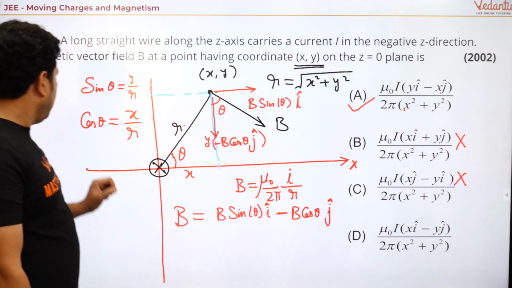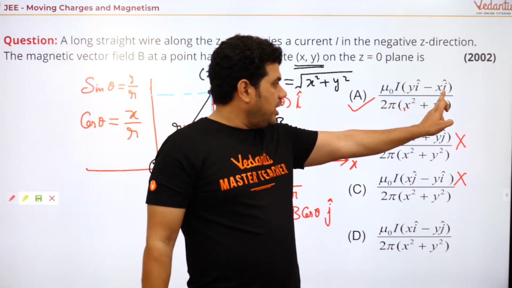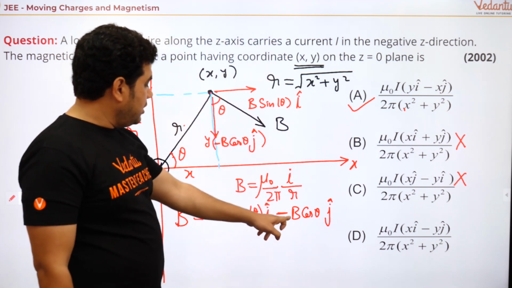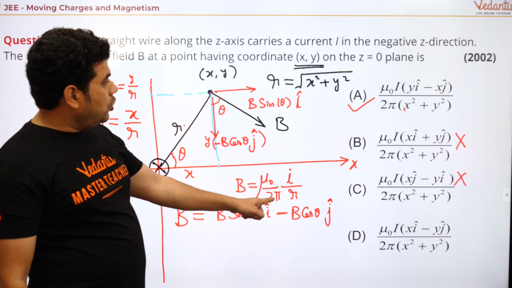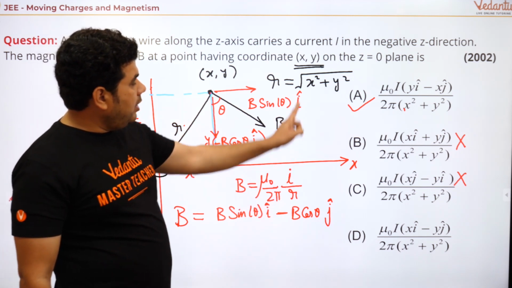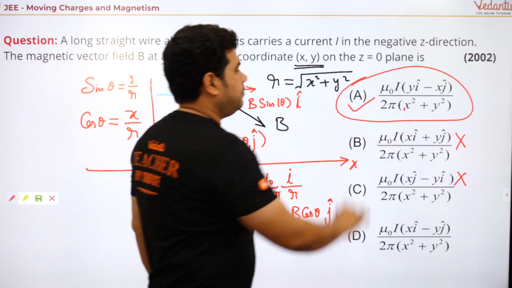Cos theta is x upon r, यानी x j cap. And B is common, and what's B here? B is mu naught upon 2 pi I upon r. R is this. So the correct answer is A.